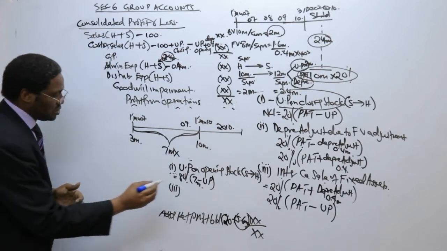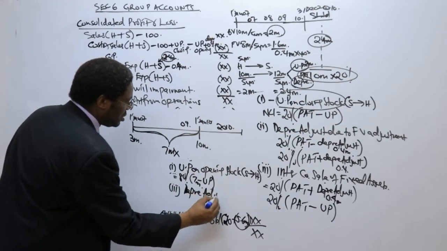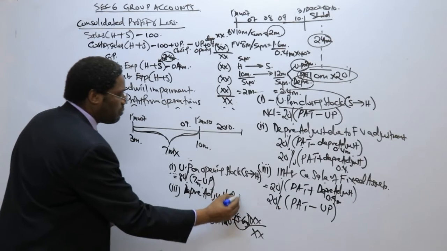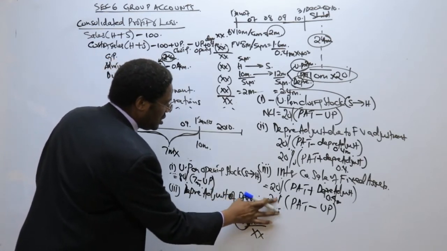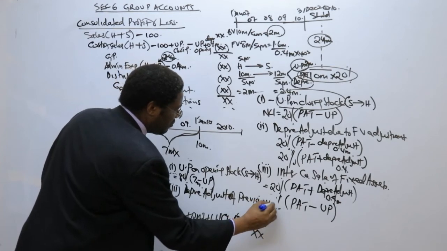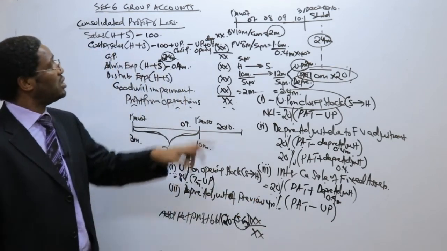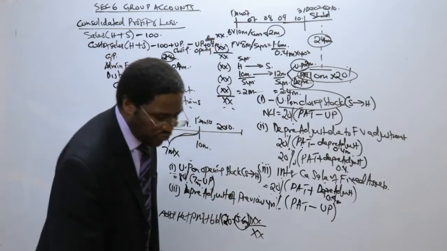The second one is what you used to call depreciation adjustment of the previous years. Let me take you back here again, when we were dealing with fair value.